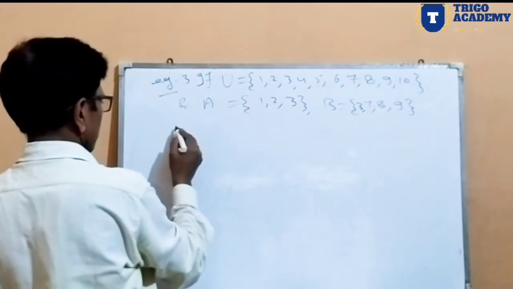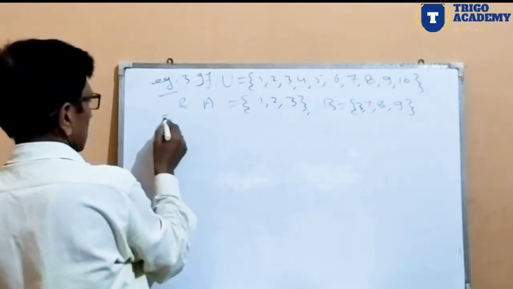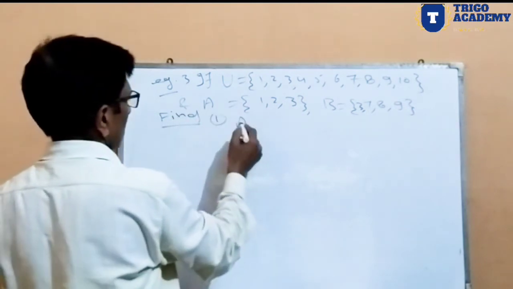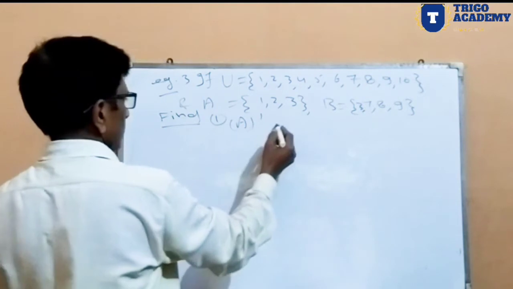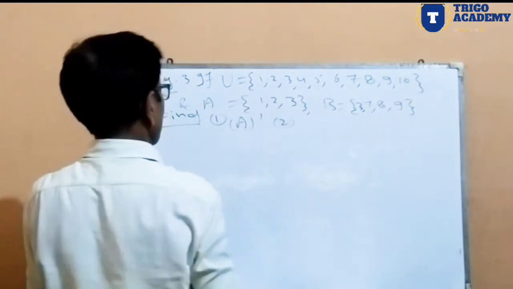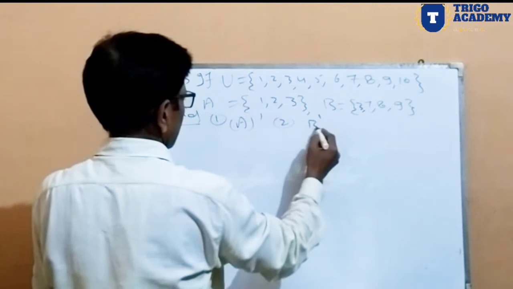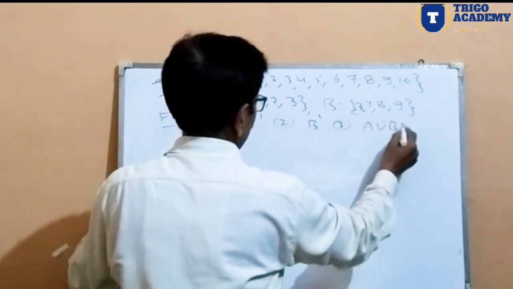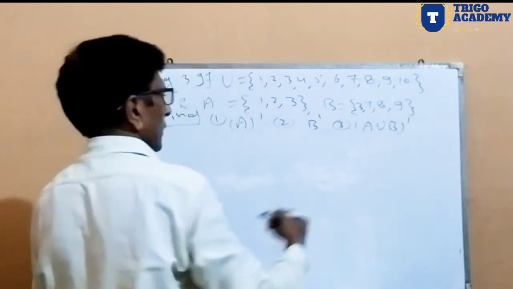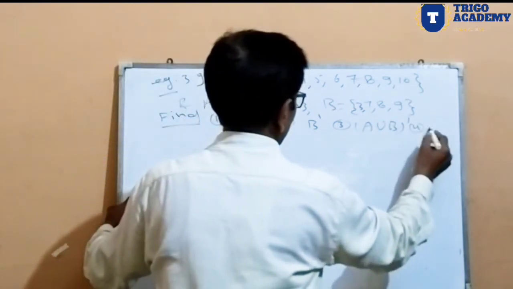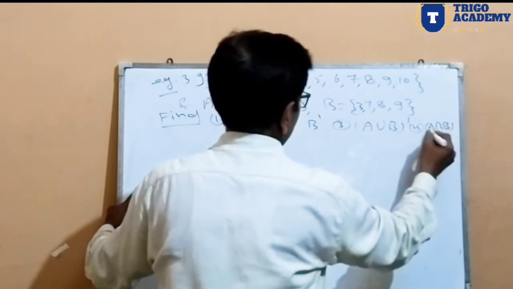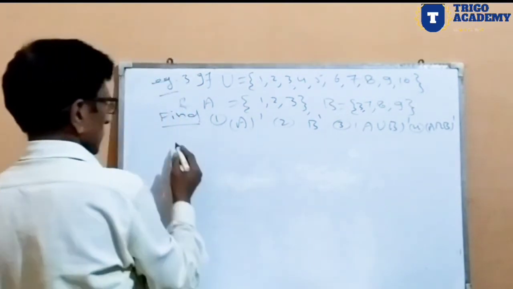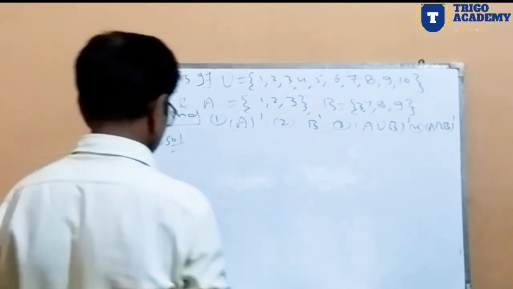We have to find number 1 A dash, number 2 B dash, number 3 (A union B) dash and number 4 (A intersection B) dash. This way we have to find this. So now the solution of this.